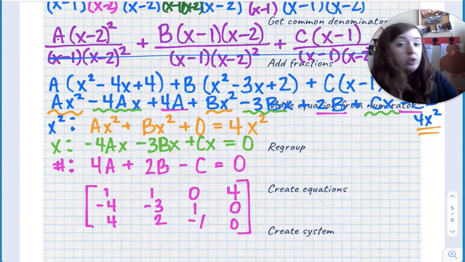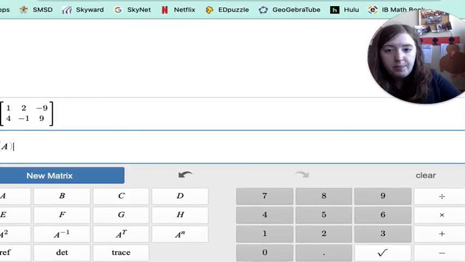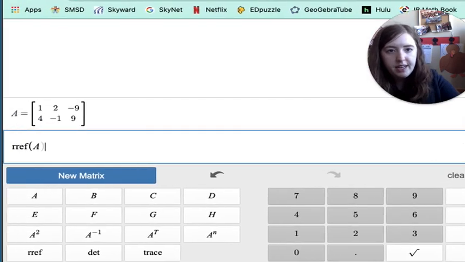So now we'll go to Desmos and put that in. So let's go ahead and clear him from last time.